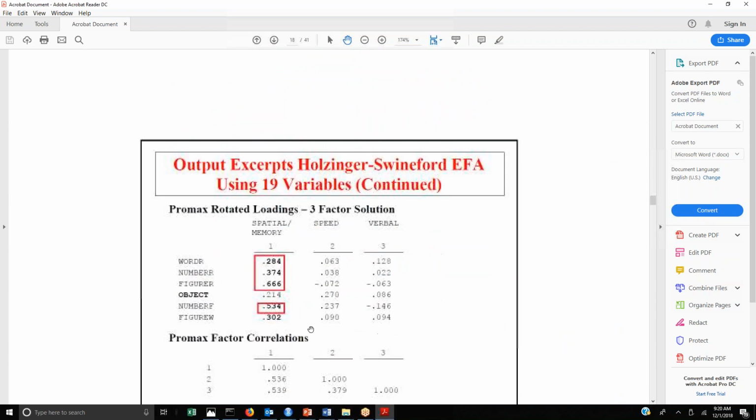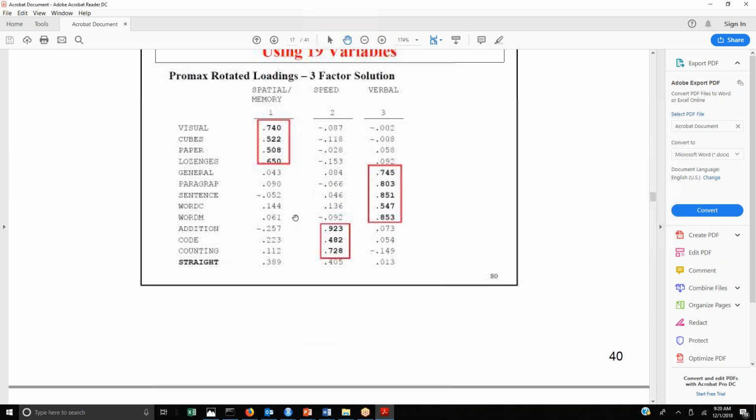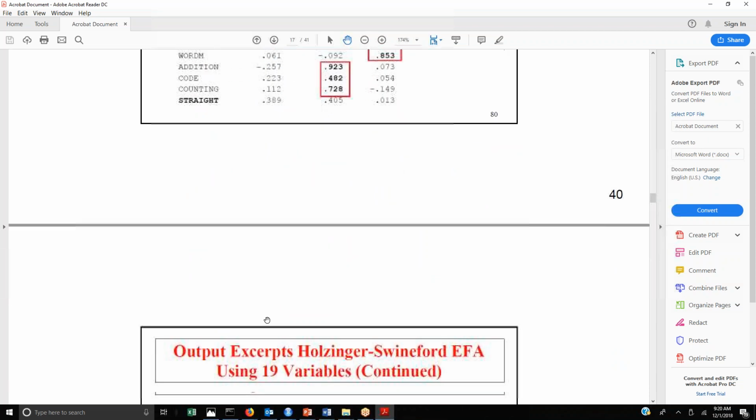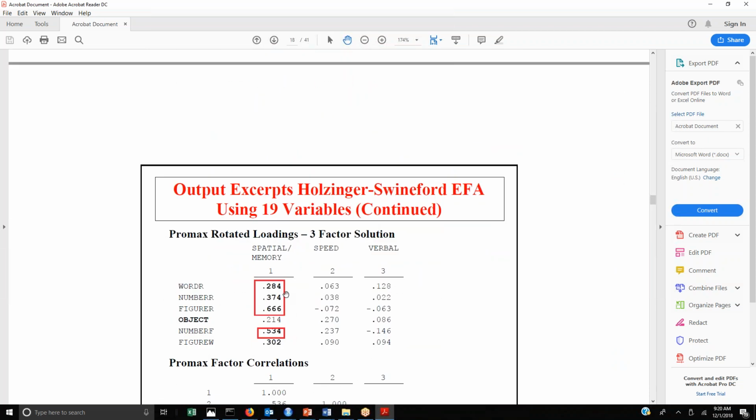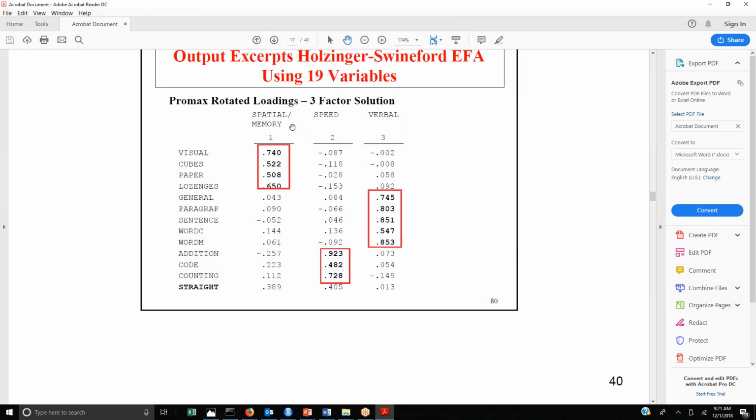And you got a few more variables here now, because I could not put everything here. Now there are 19 dimensions I have to cover, right? Look at this one. Word, number, figure is part of the spatial and memory. Oh, by the way, memory goes with the spatial. Earlier we were thinking it is separate, right?